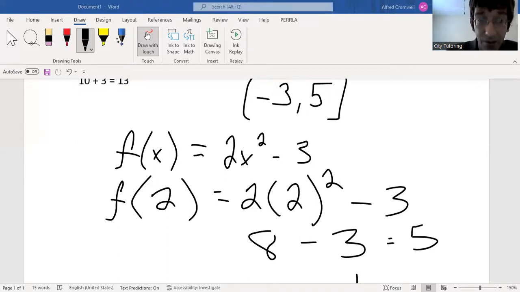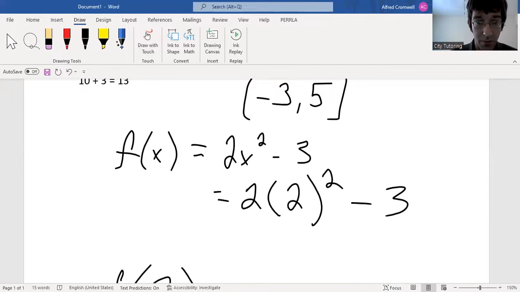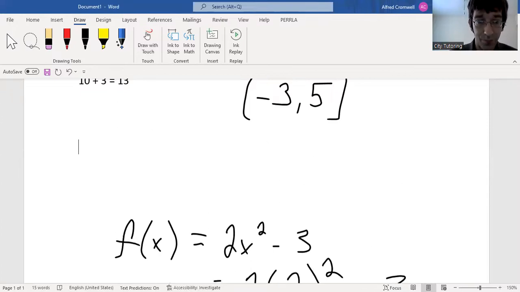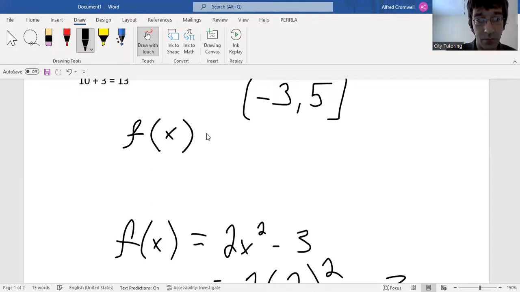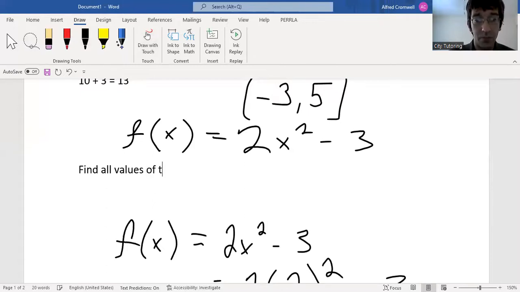Now, what if we asked you, we're still using this equation, what if I asked you to find all values of t, I'm going to put it up here again, such that f of t equals 47.